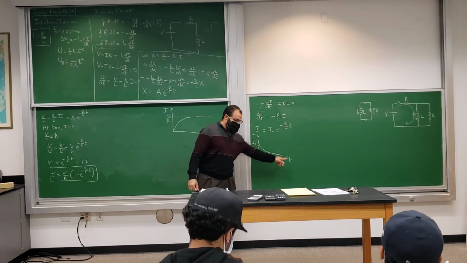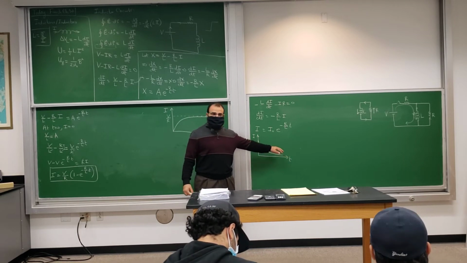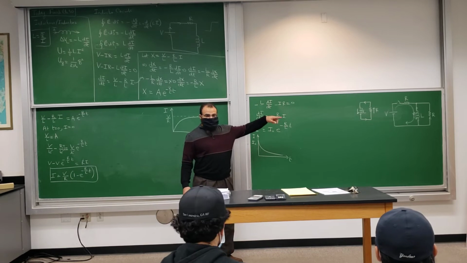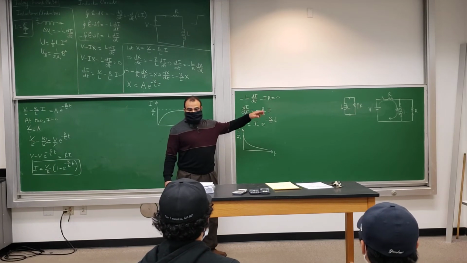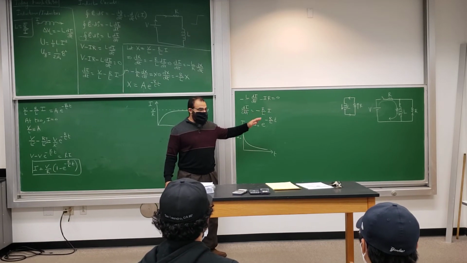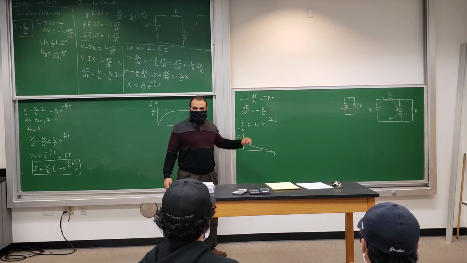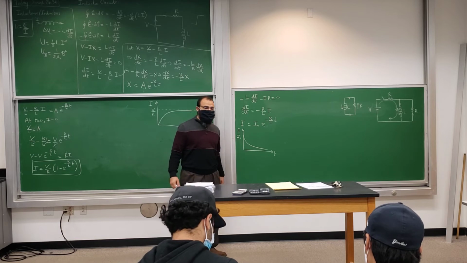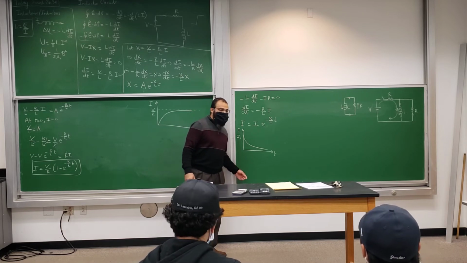In principle, how much time will it take to go to 0? Infinity. So if you have a light bulb hooked to an inductor, in principle you would have current in there forever, but you won't see anything after a few seconds because the current would be so low.